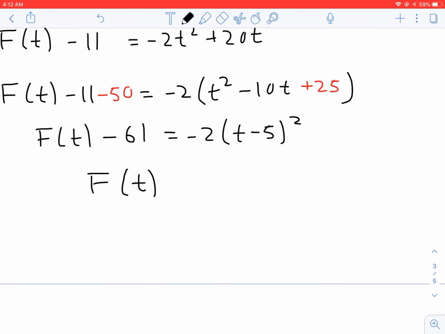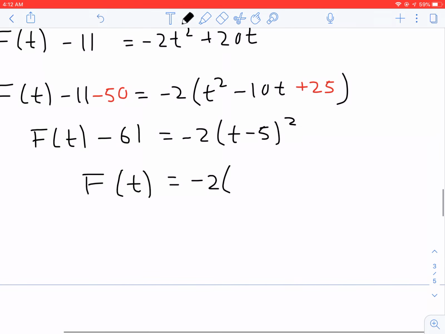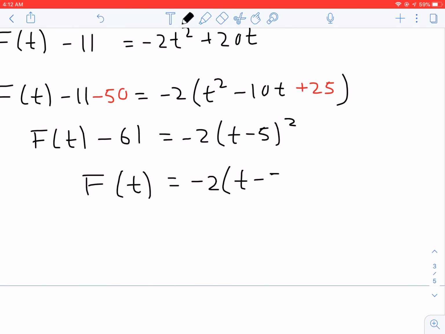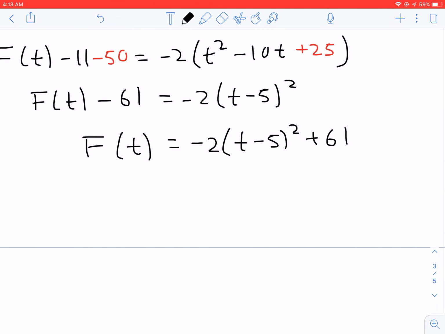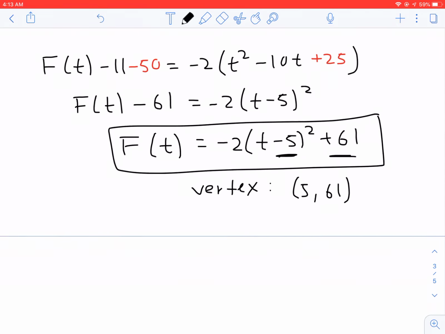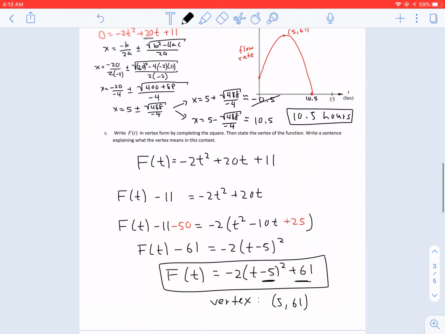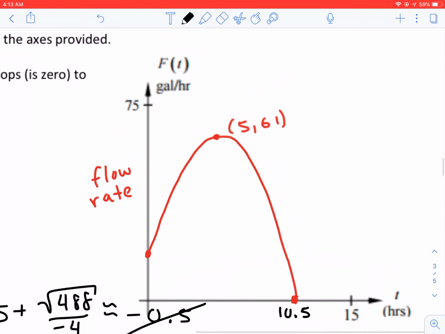The flow rate of oil in this pipe is equal to negative 2 times t minus 5 squared plus 61. So the vertex, right, 5, 61. And we got it in vertex form over here. Very cool. Now look, that matched what I saw in my calculator when I looked at the table.